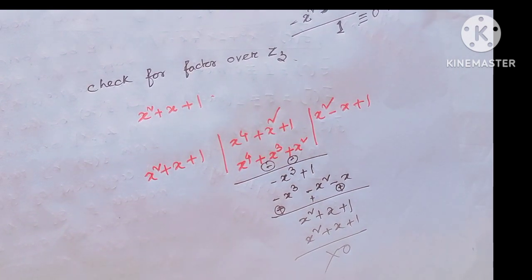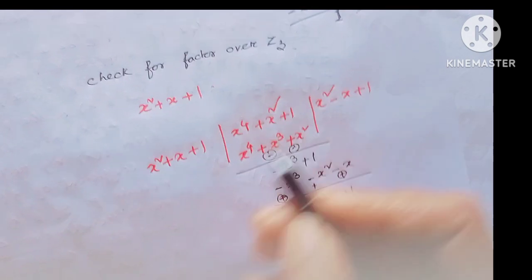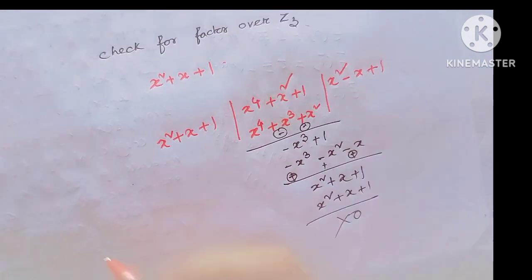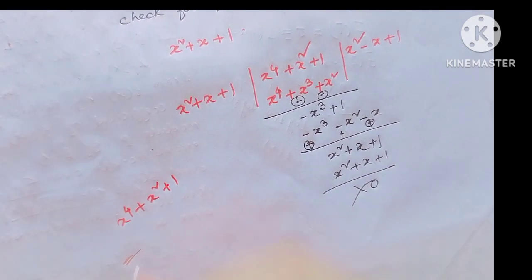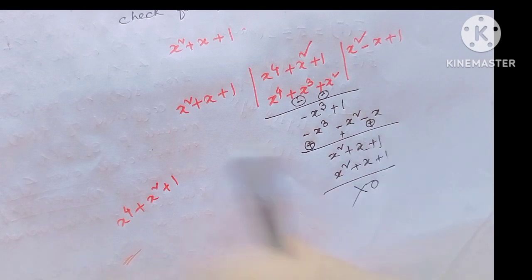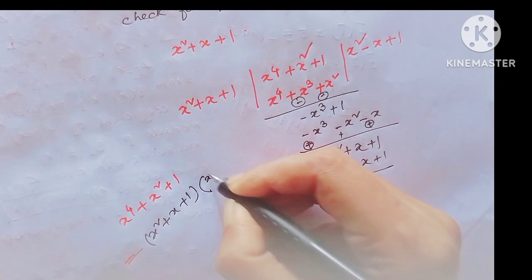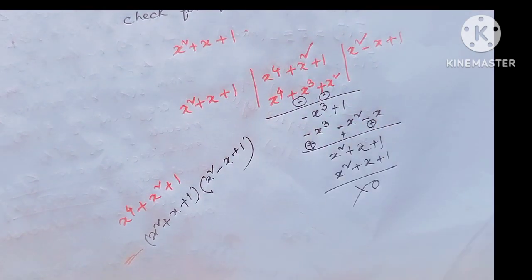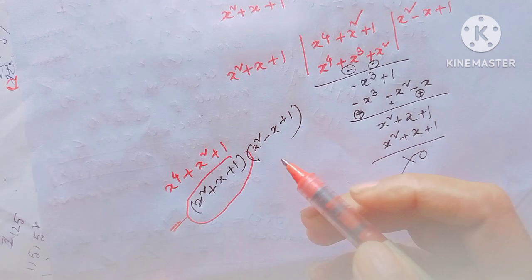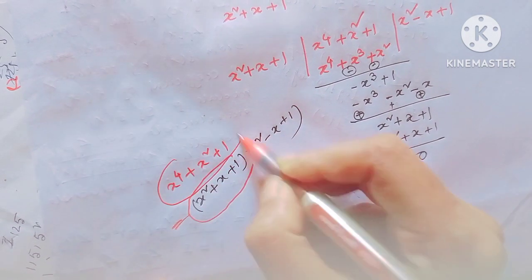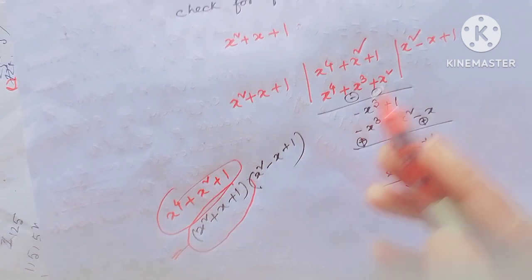Therefore, we can write x to the power 4 plus x square plus 1 as x square plus x plus 1 times x square minus x plus 1. X square plus x plus 1 is a factor of this polynomial. So, f x is not irreducible over Z2.